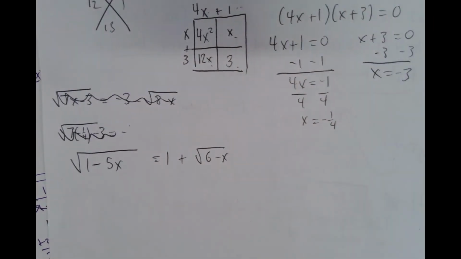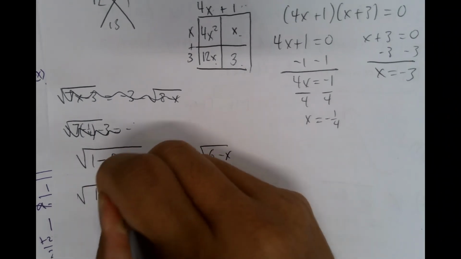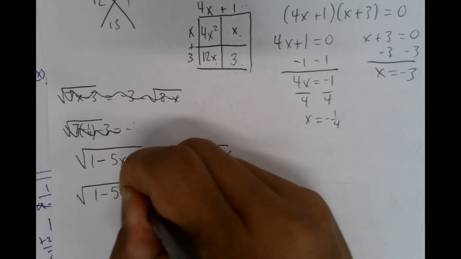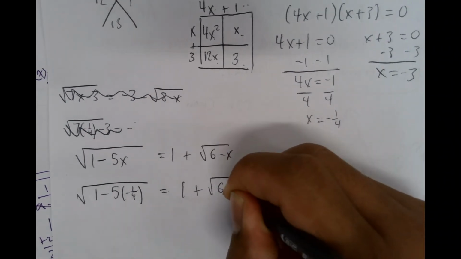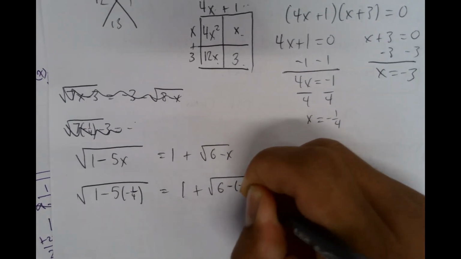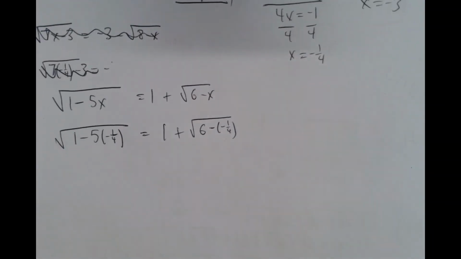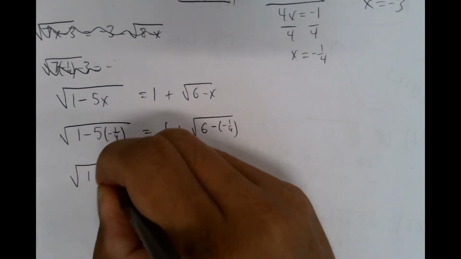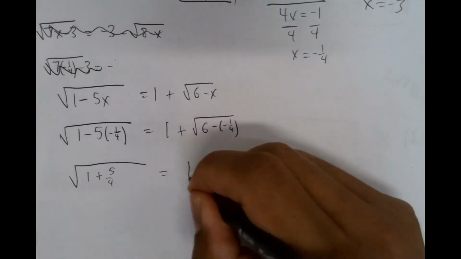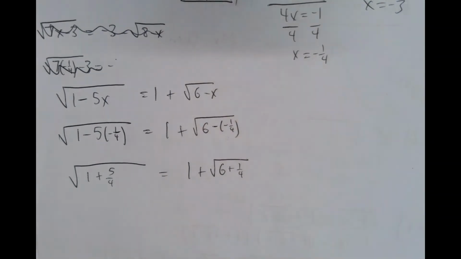And then you're going to plug in negative 1/4, so 1 minus 5 times negative 1/4 is equal to 1 plus the square root of 6 minus negative 1/4. So you have here 1 plus 5/4 is equal to 1 plus 6 plus 1/4.